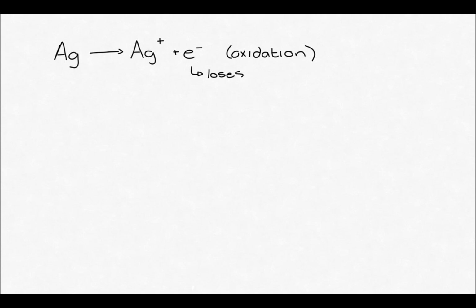Let's look at a few examples of how I can identify an oxidation or a reduction reaction. Silver will form an ion by losing an electron. Remember OIL RIG, oxidation is loss of electrons. Because it loses an electron, it's being oxidized. Oxygen, for instance, will gain 4 electrons to make 2 O2-.